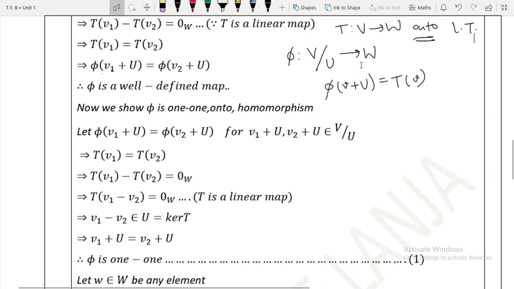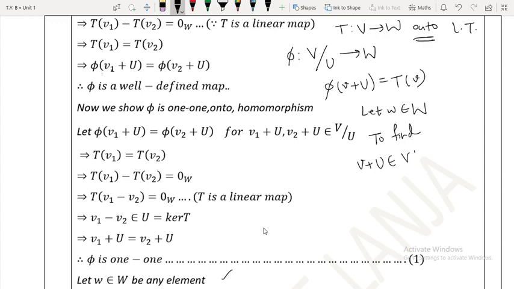So I will take one element of W, and I will try to show that it has a pre-image in V mod U. I'm calling that element small w, so I say let w belong to W. I have to find some element v plus u belonging to V mod U such that phi of v plus u should be equal to this w.